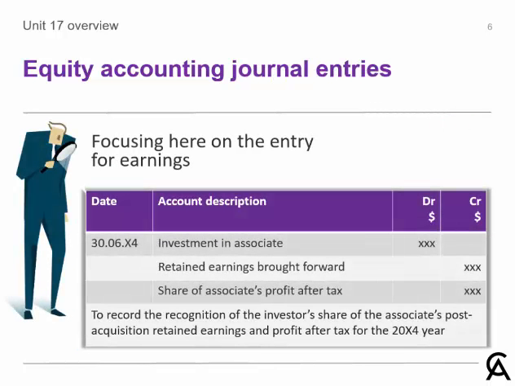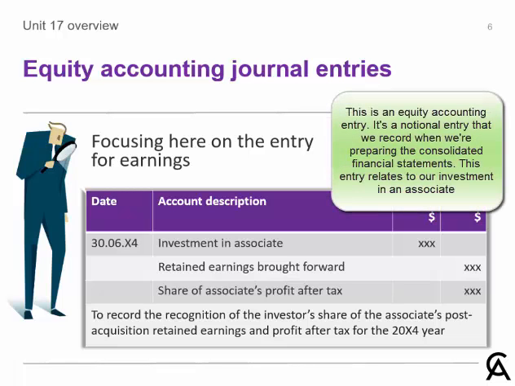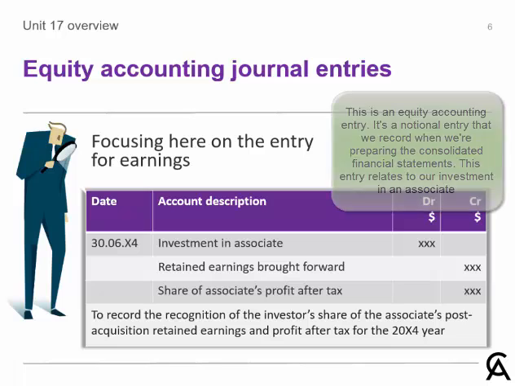So here, looking at our earnings, what we can see when we prepare our entry at 30 June X4, remember those entries in the past 3 years don't carry forward because we're recognising them when we're doing all the rest of our consolidation entries.